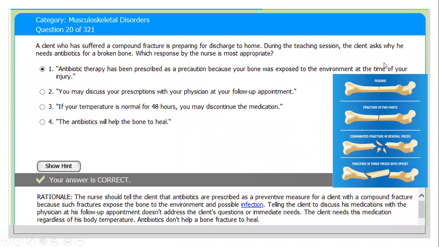So here is the first, a simple fracture with two pieces, and here a comminuted fracture in several pieces, right? So these are compound fractures.